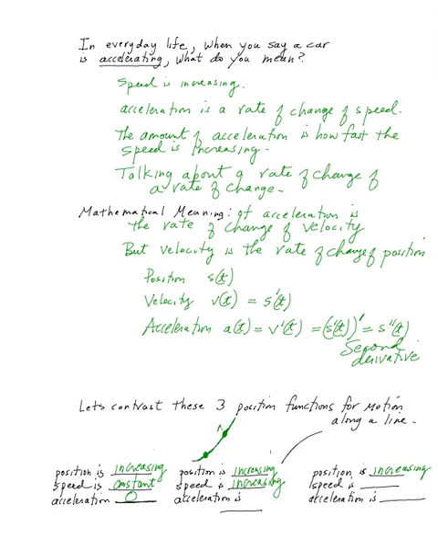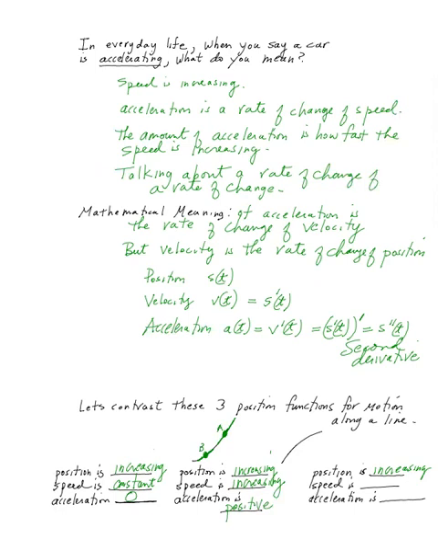Tangent line at point A is steeper, has a greater slope than tangent line at point B. So since the speed is increasing, and in this case the velocity is increasing also, because technically acceleration is a rate of change of velocity, the acceleration is positive. There is an acceleration, and it's positive because the speed is increasing.